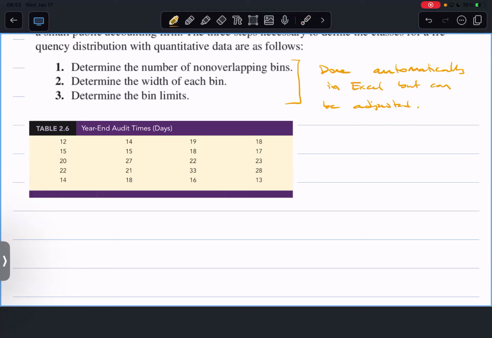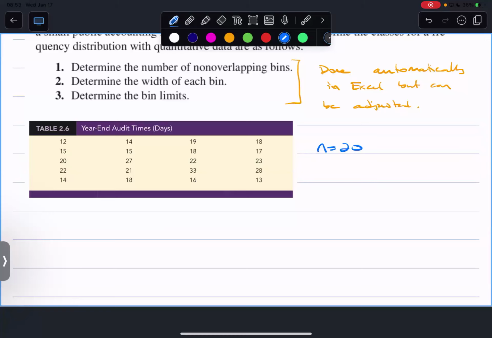Let's jot that down because otherwise I'll forget. N equals 20, my sample size is 20. And what I can do is temporarily create categories so that I can visualize these, so I can stack them up and make what we call a histogram.